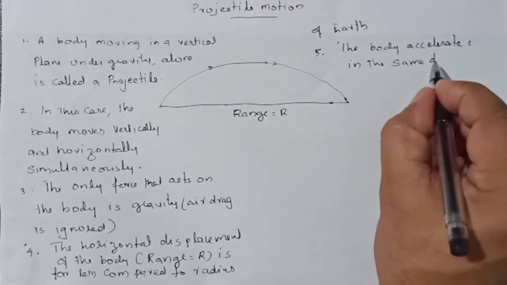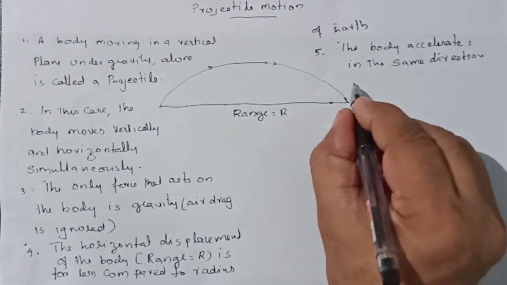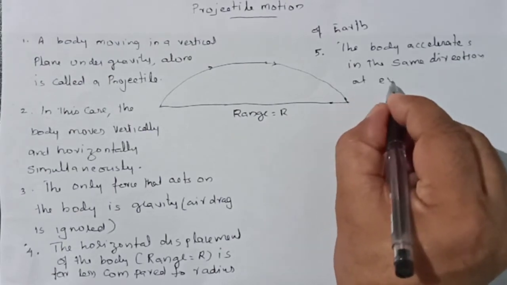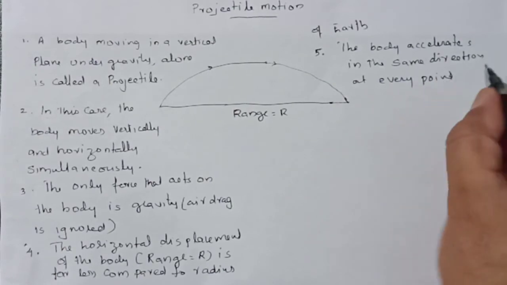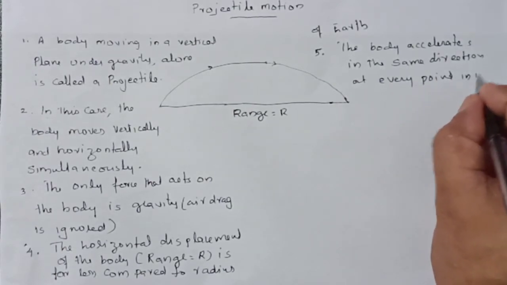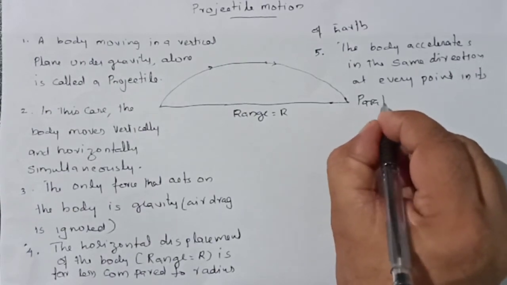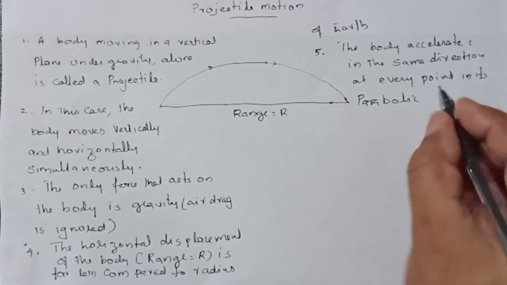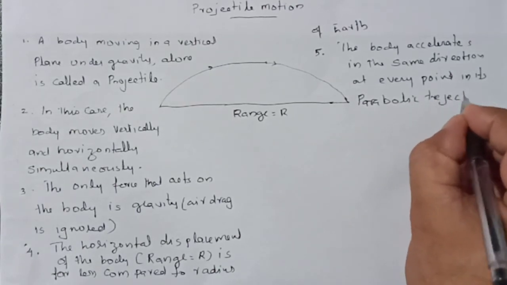You can see that in the picture, it is acting always downward, straight downward. You can see that at every point it is accelerating in the same direction. The vertical acceleration is always parallel to each other at every single point. You can see that in the diagram. And the value is obviously equal to acceleration due to gravity.